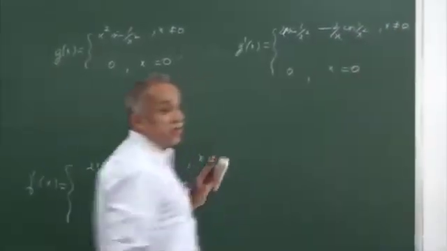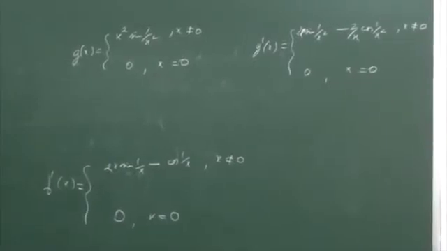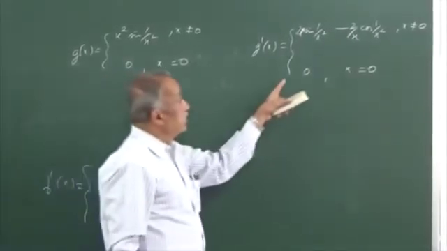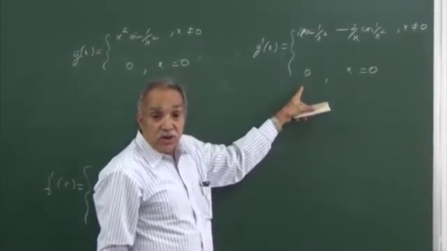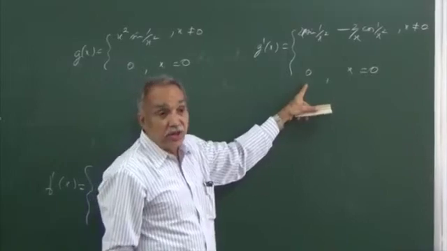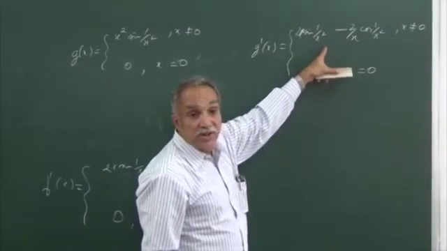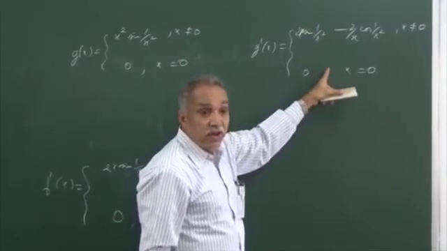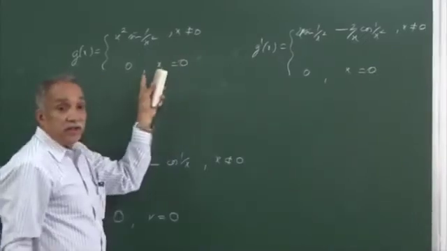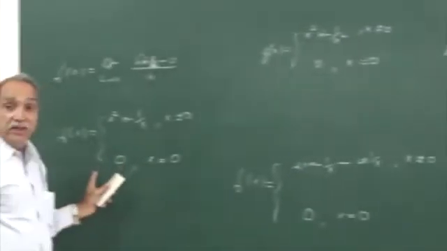Am I right? Just check it once. It's okay, I think. Again, we notice this function may be defined everywhere, but is not continuous everywhere. It is discontinuous at 0 for the reason that the limit as x tends to 0 does not exist. Here is one discontinuous function having an antiderivative, and here is another.